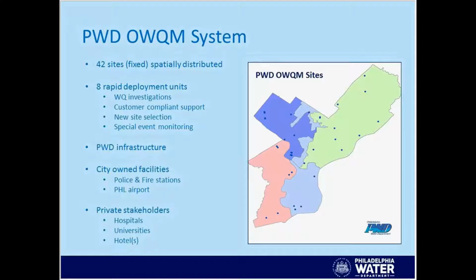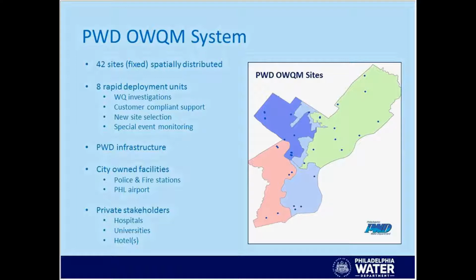So I think this is just a repeat of an earlier slide, just to refresh everyone's memory of what our sites are, how they're located, and so forth. One thing I want to point out this time, however, is with our private stakeholders. What we have found is that some of our private stakeholders have allowed us to delve into premise plumbing monitoring.